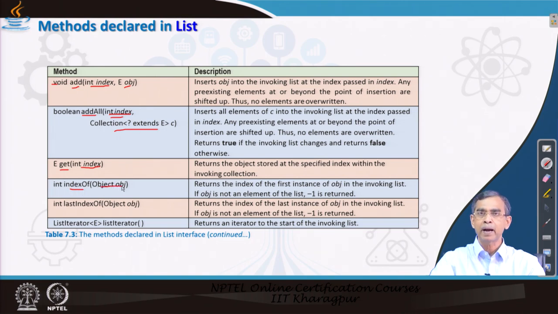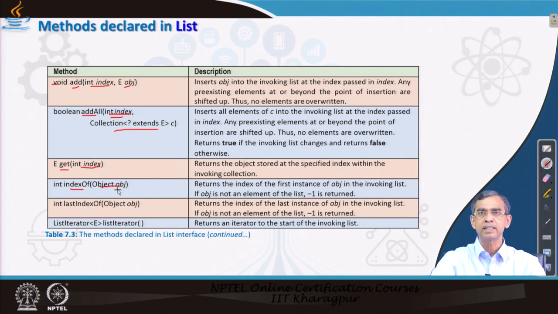Index of is the location of an object. That means if you pass an object as an input, it will check the list, and it gives the location in which that object or element is present.